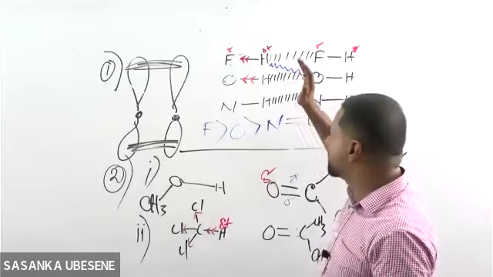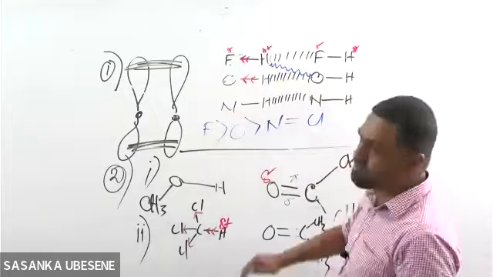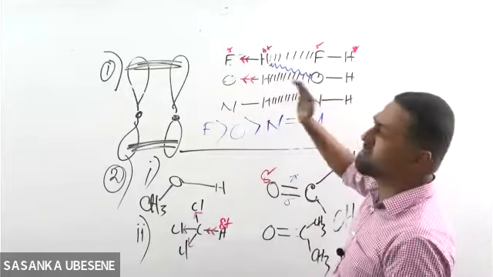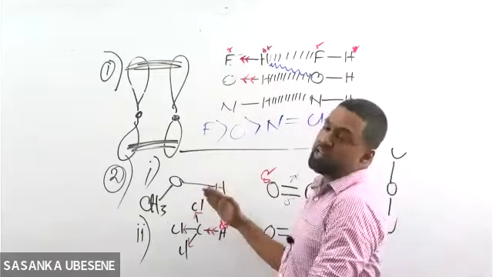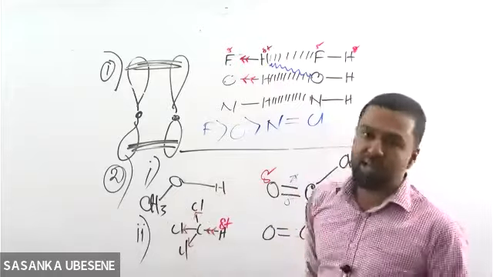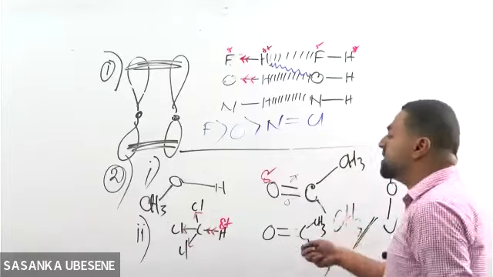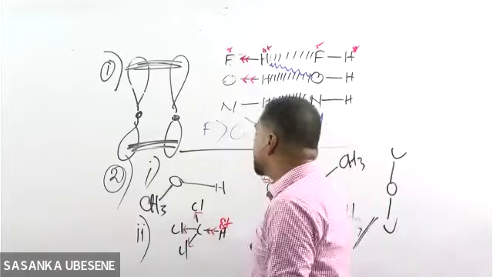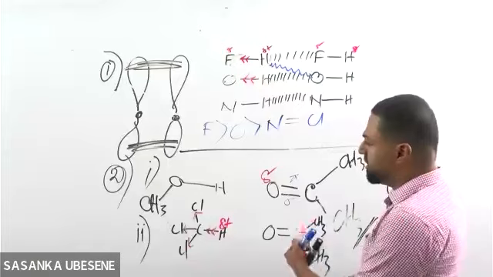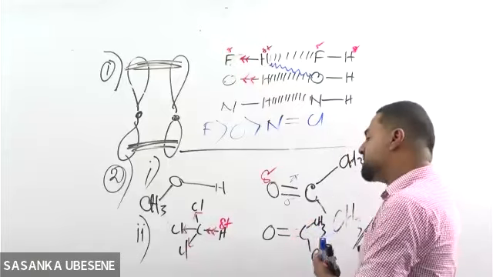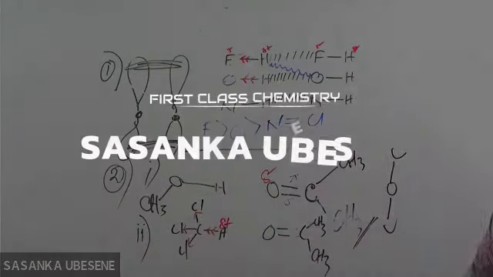But here, only the receptor molecule is affected by the hydrogen atom, and the other one is not. Here, the receptor's hydrogen atom is not attached with one of the most electronegative elements.